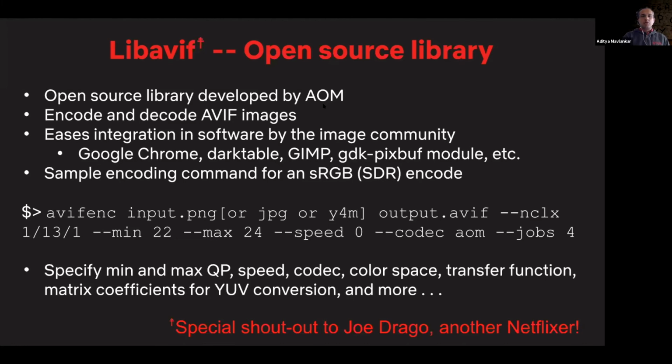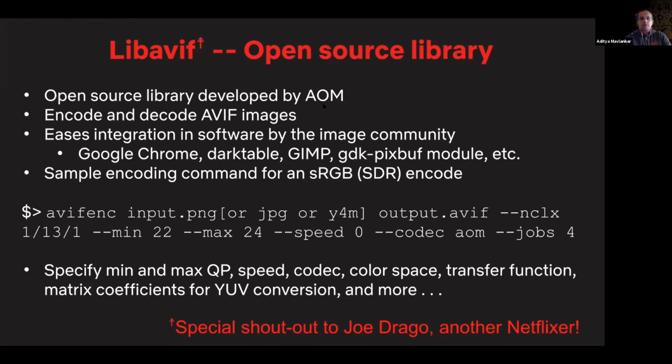And the libavif build builds an encoder binary called avifenc and a decoder binary called avifdec. And here's a sample command for encoding an AVIF, which is a simple 8-bit sRGB. And the AVIF encoder allows you to specify various parameters.